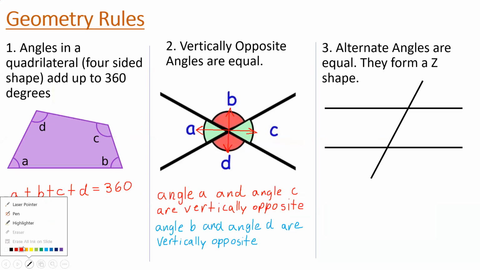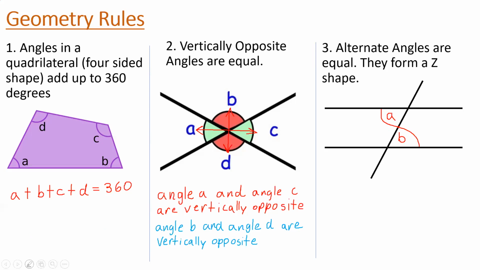We can say that this angle right here, let's call this angle A. And then this angle right here, let's call this B. What can we say about angle A and angle B?